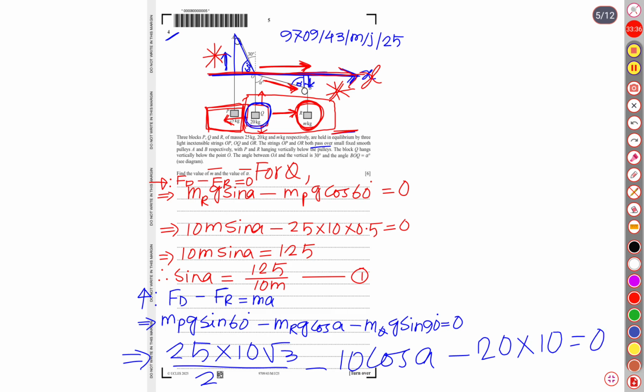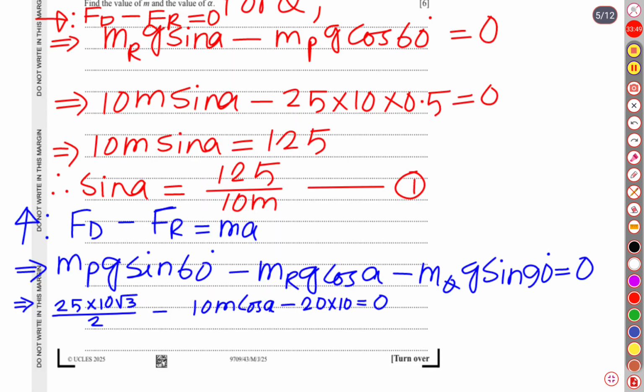Now if we isolate the cos term, let me see, can I write? No, there is no space to write at all. If we isolate 10m cos alpha, it is going to be 125 root 3 minus 20 into 10, that is 200.